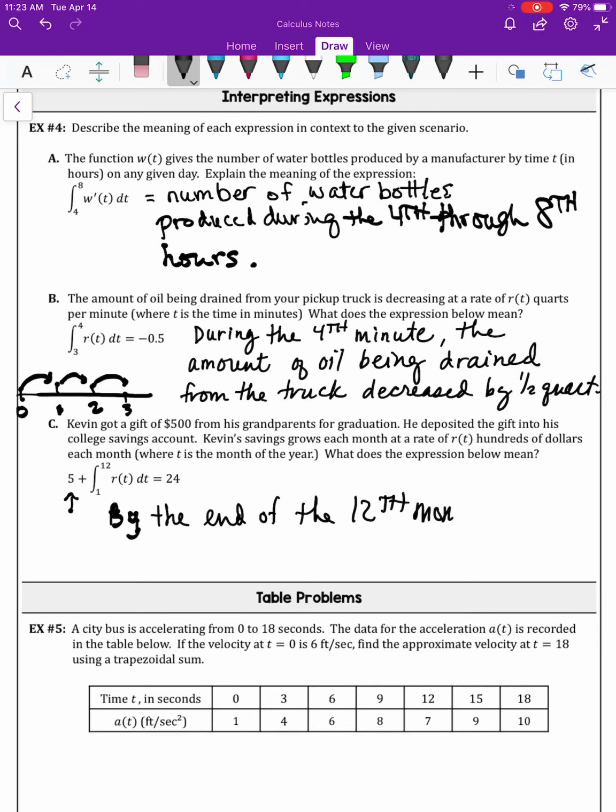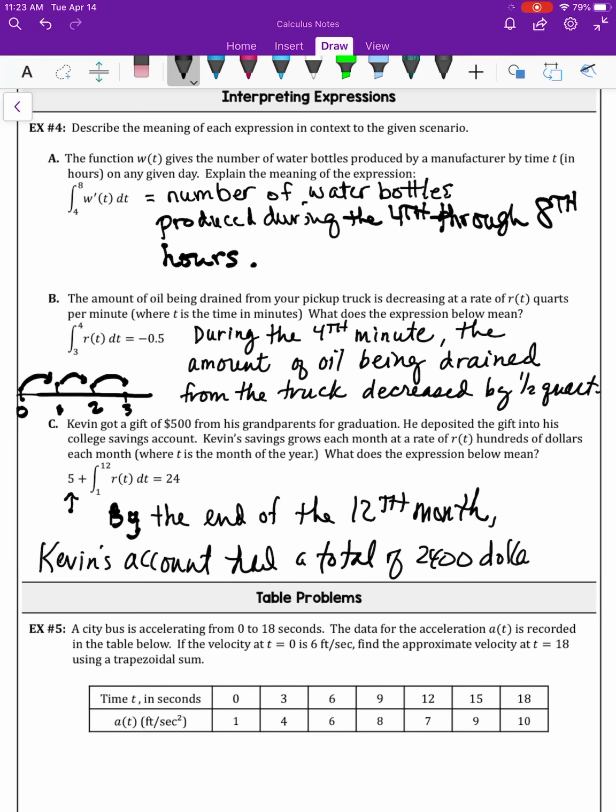So by the end of the 12th month, Kevin's account had a total of $2,400 in it.